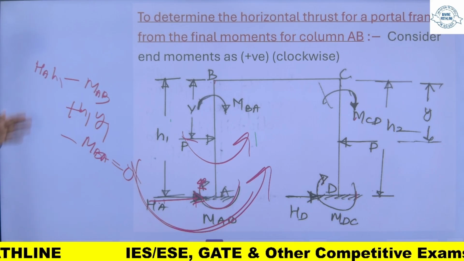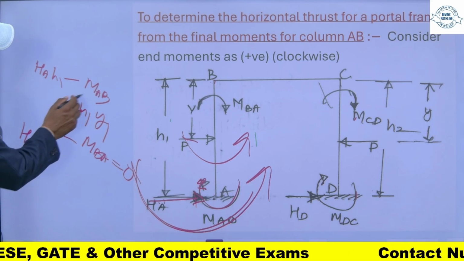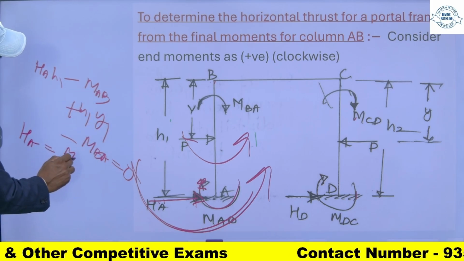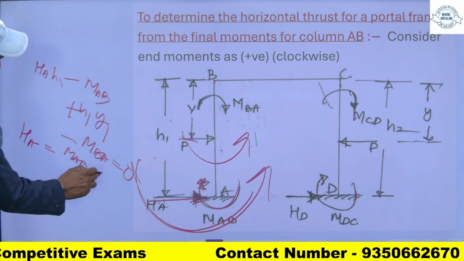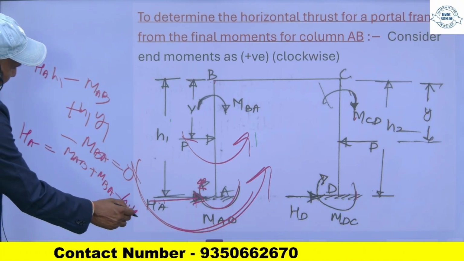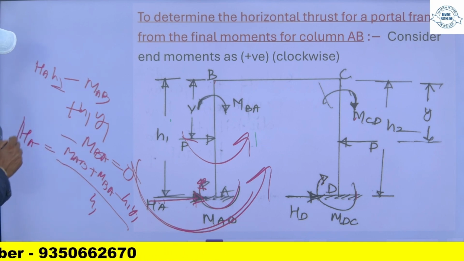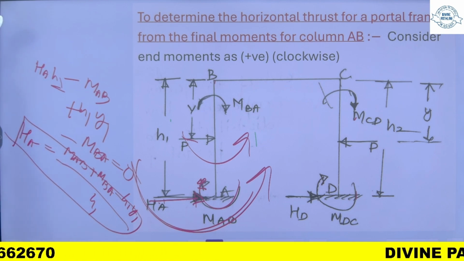Now HA you can find from this equation. So HA will be, on the other side, MAB positive, this also positive, and this will be negative, divided by this H1. You will calculate this HA.